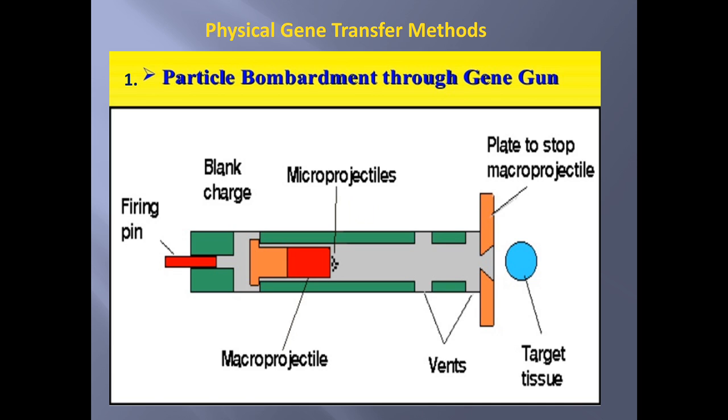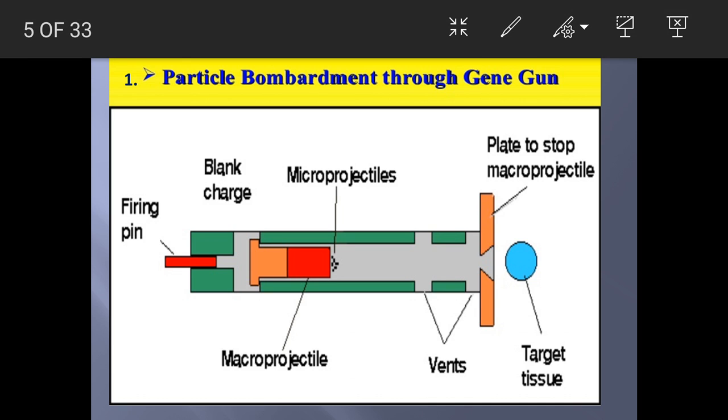So in this slide, I have written micro projectiles or micro carriers, which are nothing but small particles made up of tungsten or gold. These particles are coated with the desired DNA which you have isolated or which you want to transfer into the recipient cell, for example in the plant.